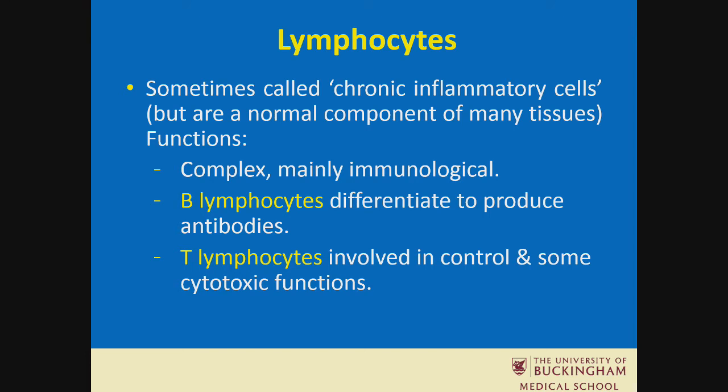The antibodies destroy bacteria, or they can act as an opsonin as well. Last week we learned opsonization, isn't it? Opsonization stimulates phagocytosis. So B lymphocytes differentiate to plasma cells and produce antibodies.